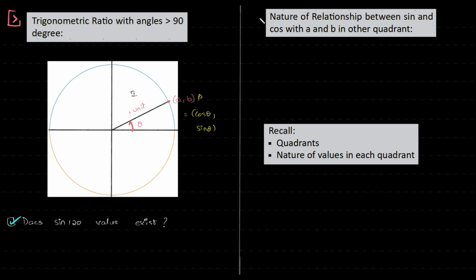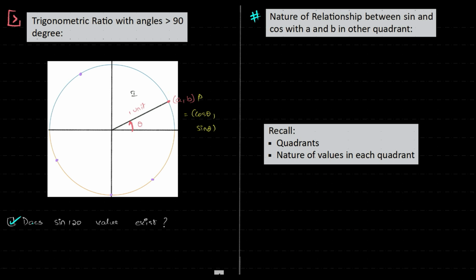Now, what is the nature of the relationship between sine and cos with a and b in other quadrants? What I mean is, if I take a random point over here, over here, over here, what kind of relationship are we looking at? Is it as simple as a and b being equal to cos and sine?